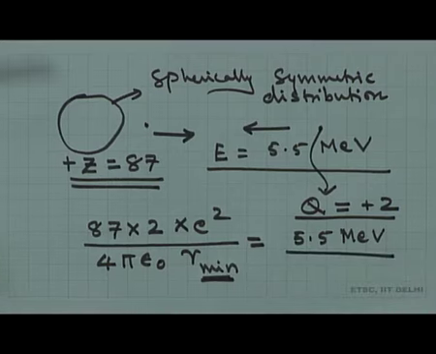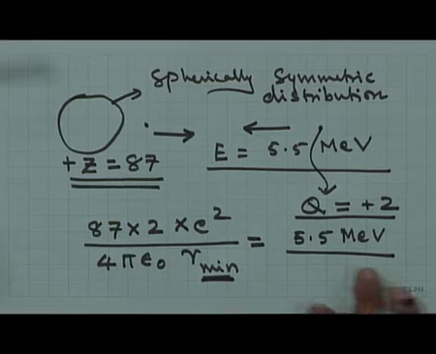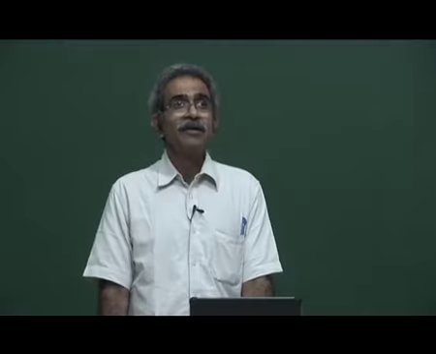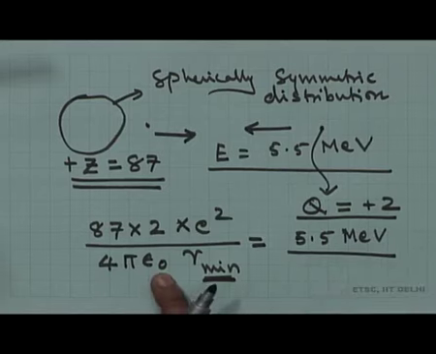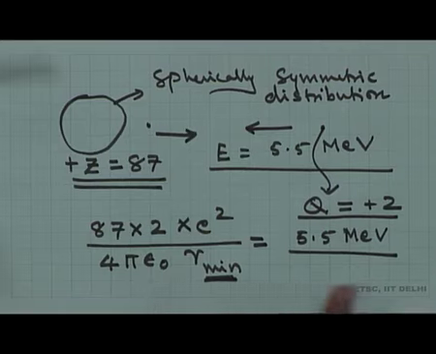This is what we are going to equate. So we are essentially equating the kinetic energy of the alpha particle with the potential energy. At infinity the total energy is 5.5 MeV. When all of it becomes potential energy, then the alpha particle would have to trace its path back.